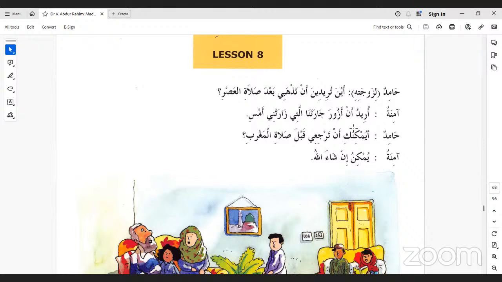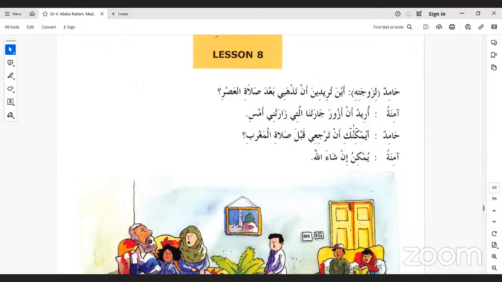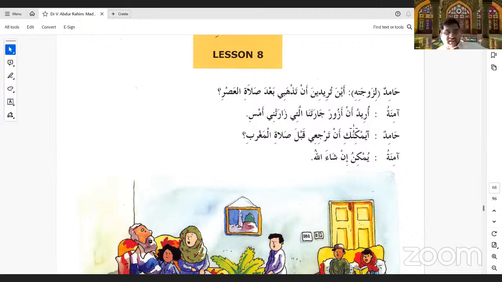Uridu an adhhaba, correct. How would you say we want to go? Nuridu an nadhhaba, correct. Sister Sadiqa, can you kindly come on the mic?